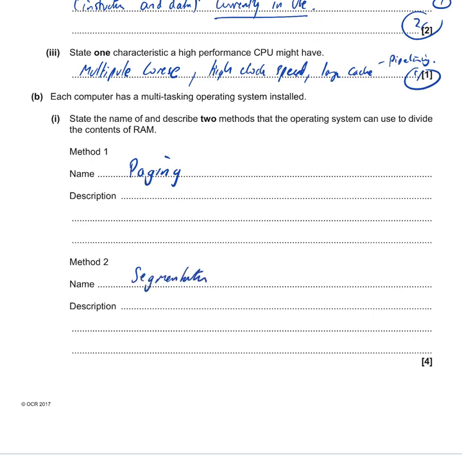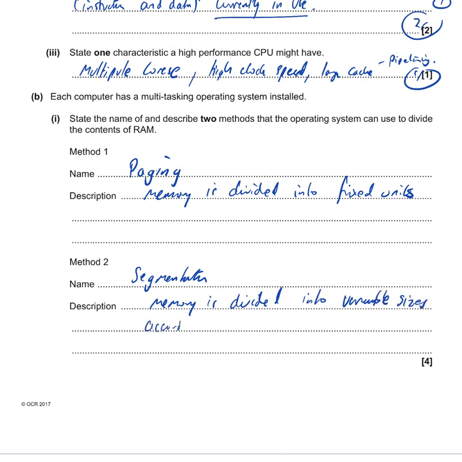Description of paging, that memory is divided into fixed units of size. And segmentation, it's variable size. So memory is divided into variable sizes according to its contents.